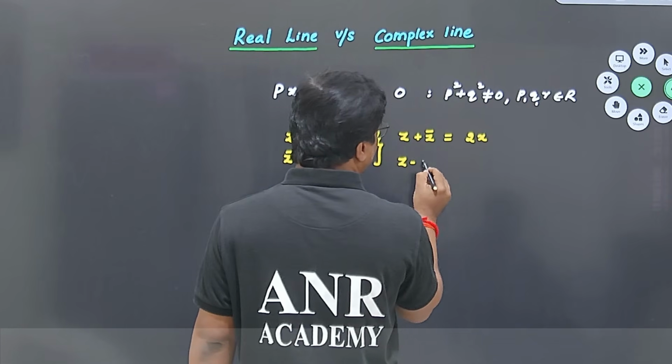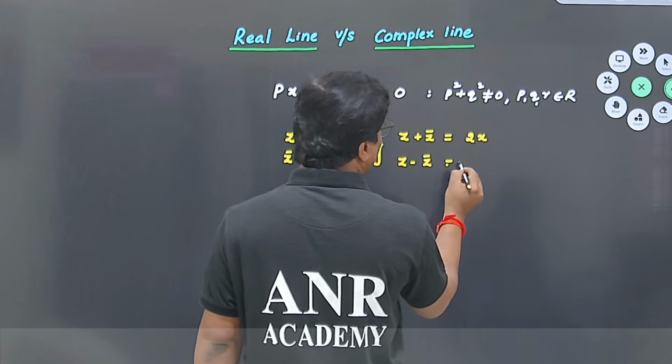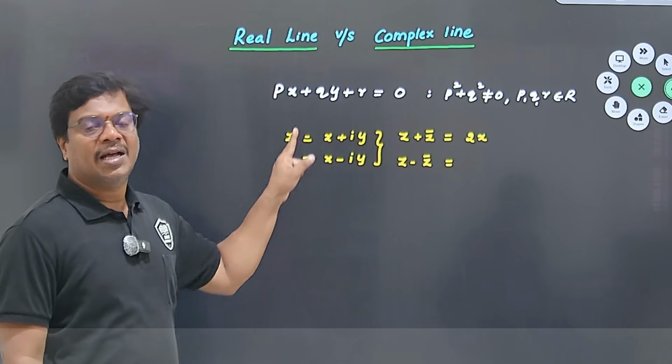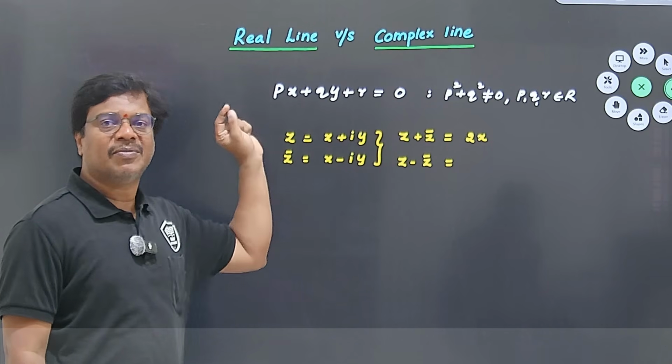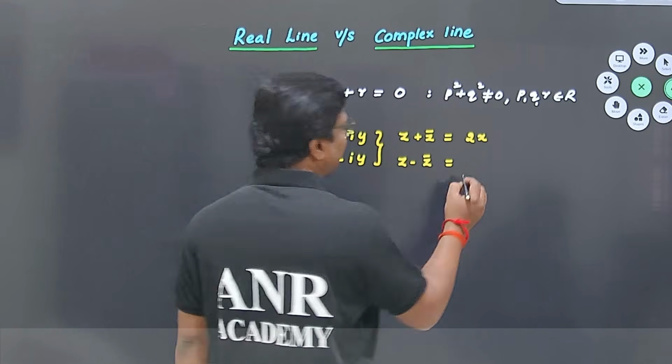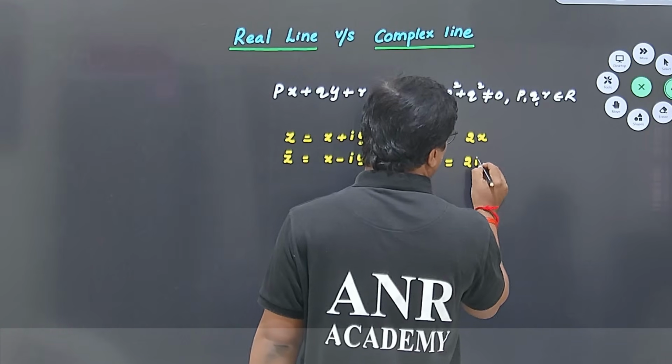Suppose we subtract z conjugate from z, then x and x cancel, and iota y minus minus iota y becomes 2 iota y.